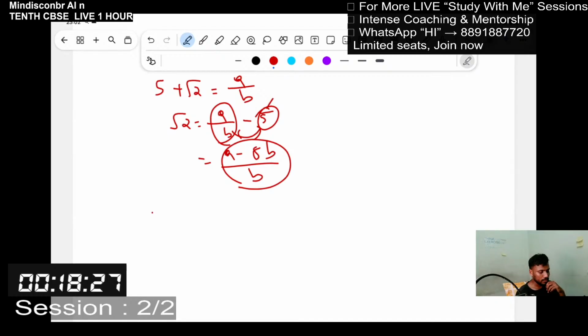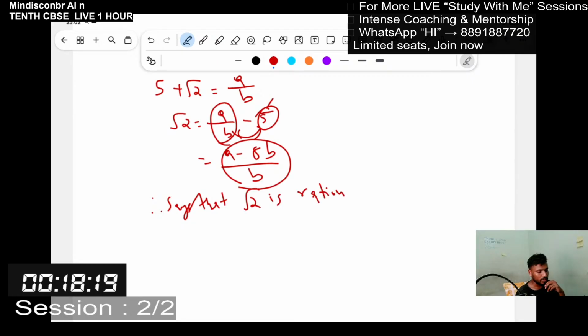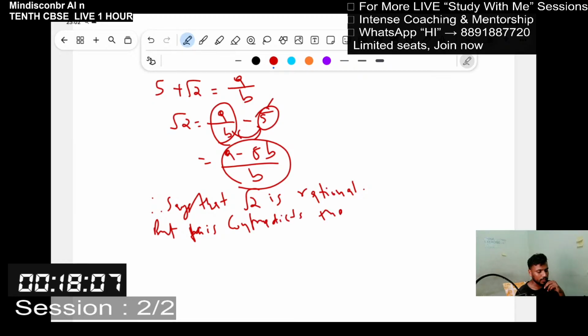This says that root 2 is rational. But this contradicts the fact that root 2 is irrational.